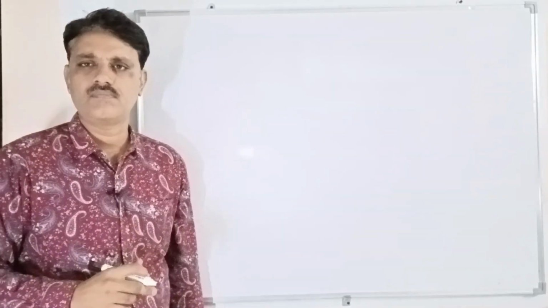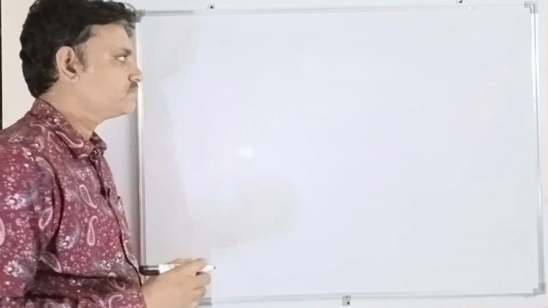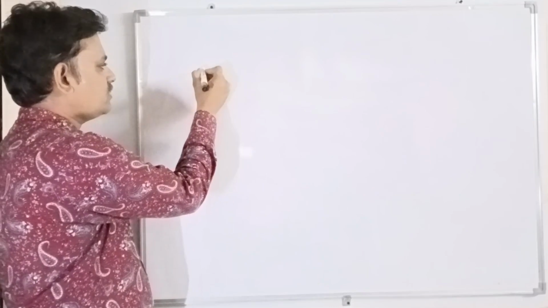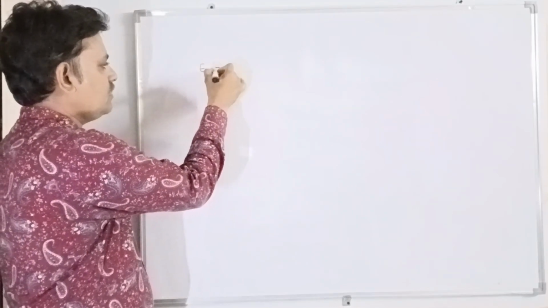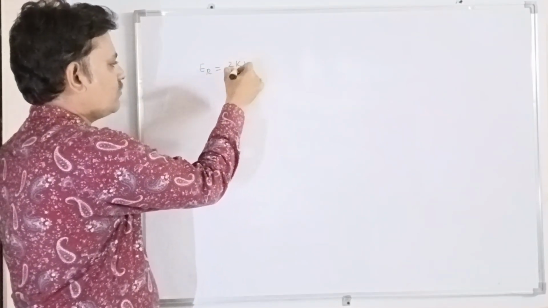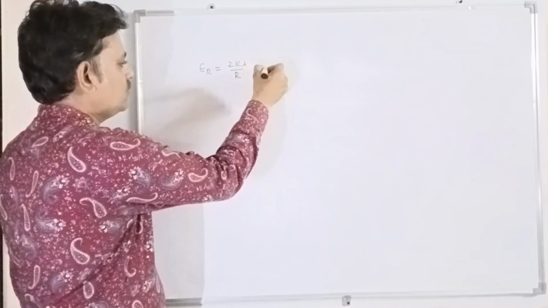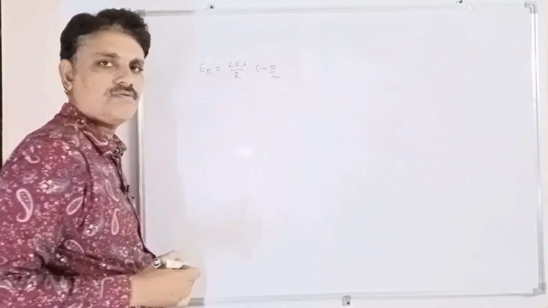Okay students, let us discuss the various cases. We get the resultant electric field as 2k lambda by r into sin theta by 2.